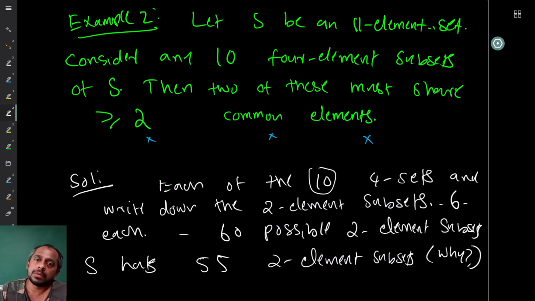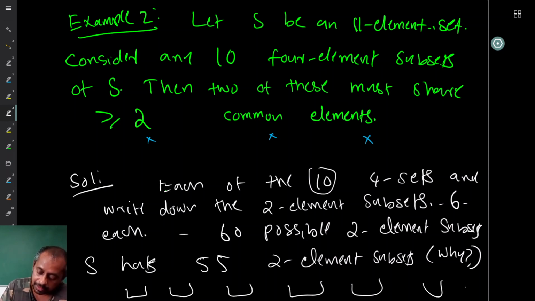Now once you know that there are only 55 possible 2 element subsets, we can make pigeonholes, right? We make 55 labeled boxes, one for each of these 2 element subsets. Now we know that each of the 60 guys must be one of these 55, because there is no other possibility. They all come from the set S, right? All the elements come from the set S. So I'm going to put the 60 guys into the 55 boxes.